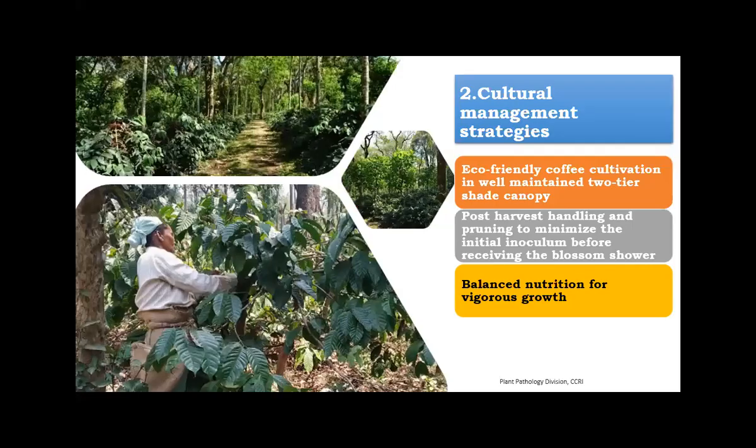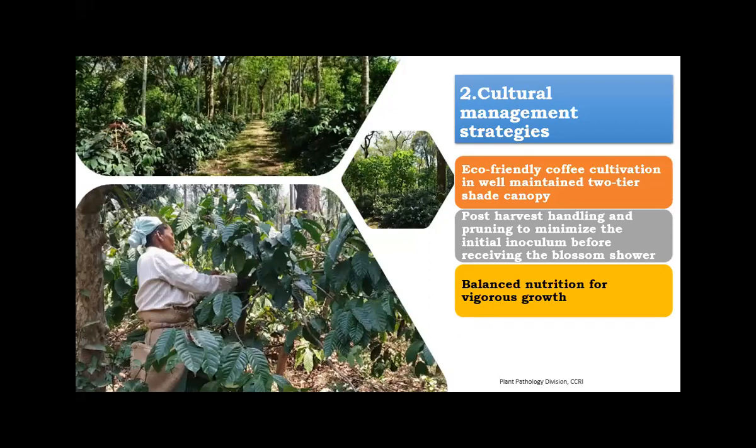Then, among the integrated disease management, the second and most important part is cultural management strategies. All of us know that coffee is a shade loving plant and it requires optimum shade. So in India, we cultivate coffee under a 2-tier shade canopy. Hence, shade is very important to manage coffee leaf rust, as well as the white stem borer.